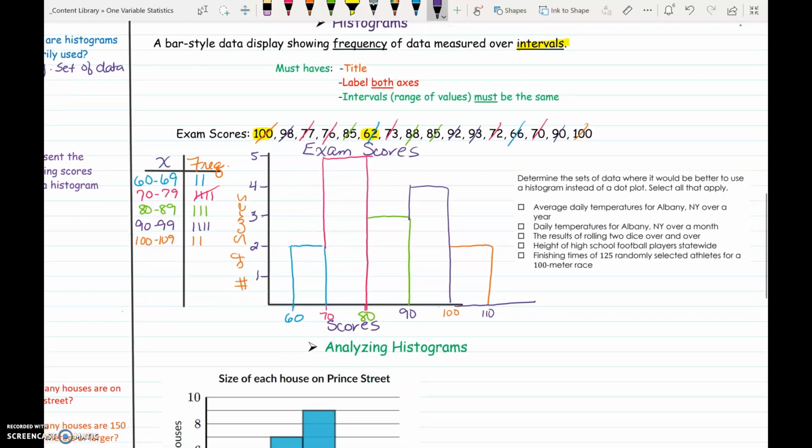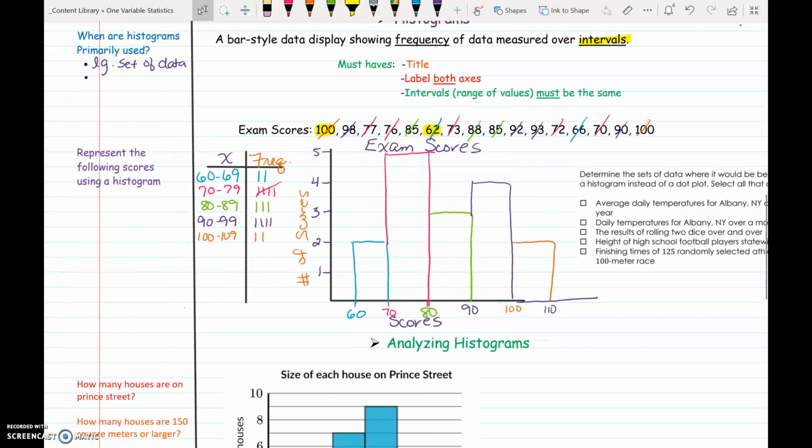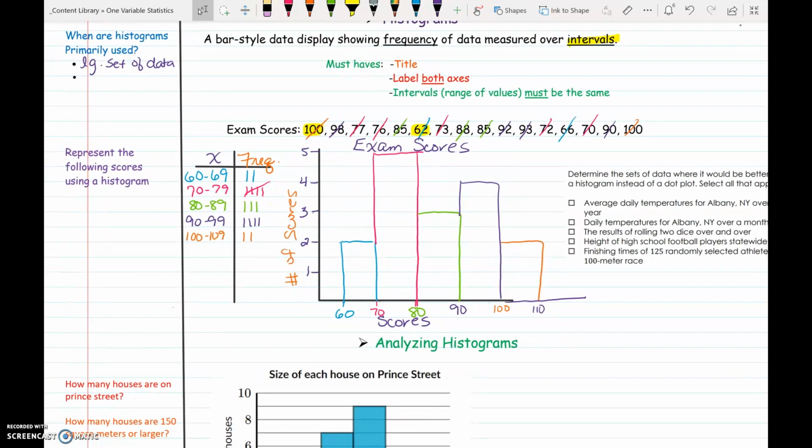So that was like when we had, I don't know, favorite brand of shoe. So we might have Nike, Reebok, Adidas. So each of those categories would have their own bar. And again, there would be a space in between. A histogram is used for large sets of data, and it's used for continuous, or the measurable data.